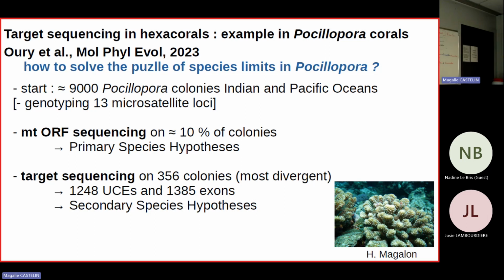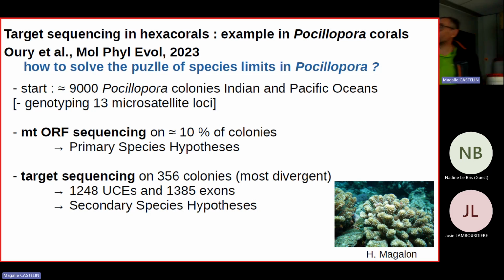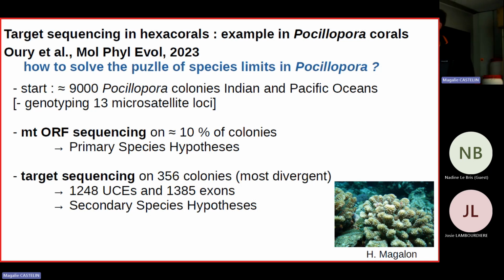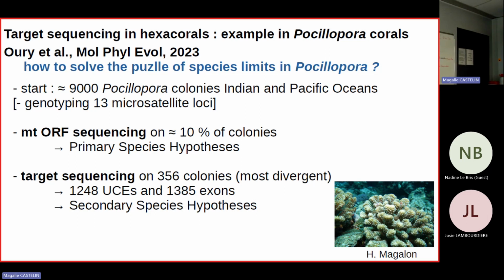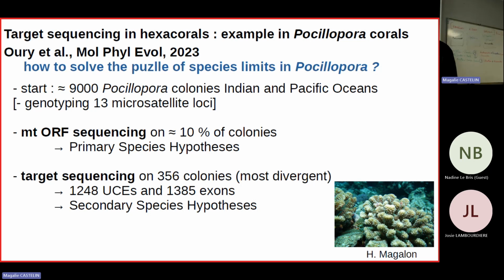They made some sequencing of the mitochondrial ORF, the gene I mentioned before, on 10% of the colonies, which gave a primary species hypothesis, a primary species delimitation. And the idea was to test this with the target sequencing I mentioned before. So they did this on a subset of this because it takes some time and takes some money. So more than 300 colonies chosen among the most divergent ones. And he analyzed more than 2,000 loci to test the hypothesis.